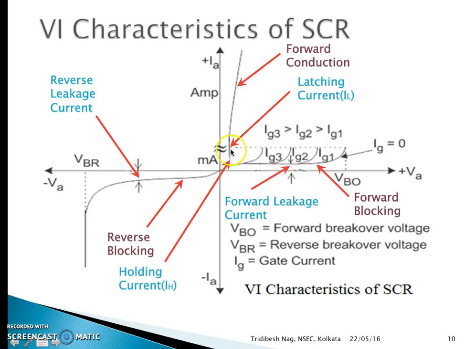Now you can ask what will happen in the part between the latching and the holding current. In this part, if the current falls below latching current but is above holding current, and we give a little bit of positive supply, then it will again follow this path. That is, it is not completely in the forward blocking mode.